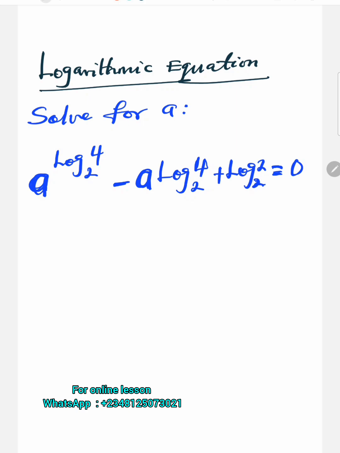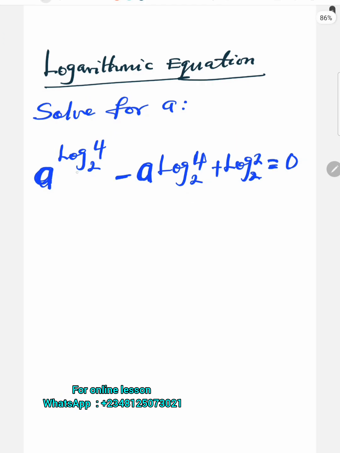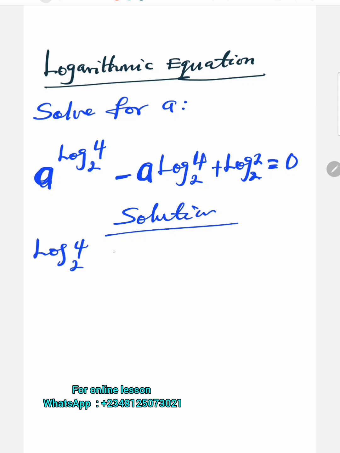Now, I want to recall logarithm. So when we have a log of 4 to base 2, let us go to the solution. What we are going to do, remember that log of 4 to base 2 is expressed as log 2 to base 2, all squared.